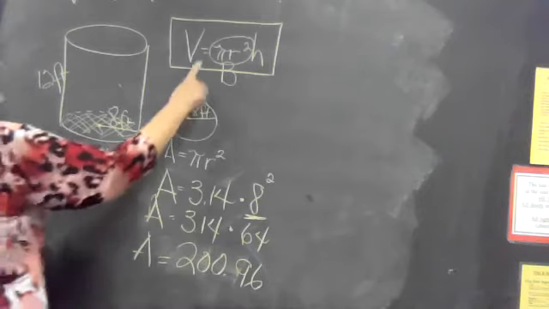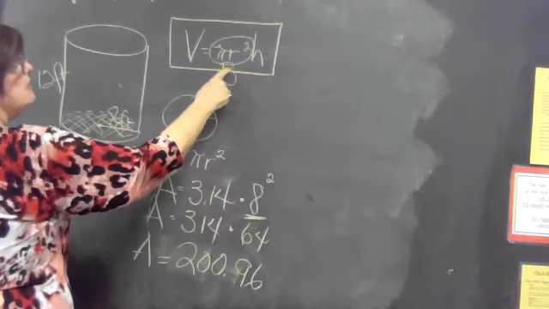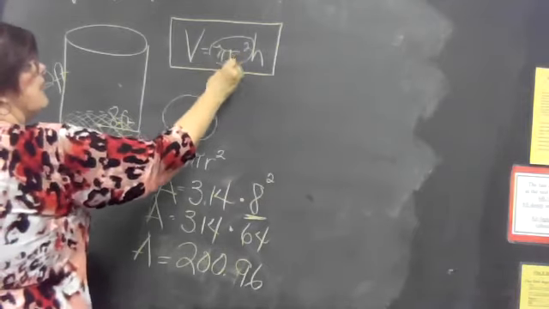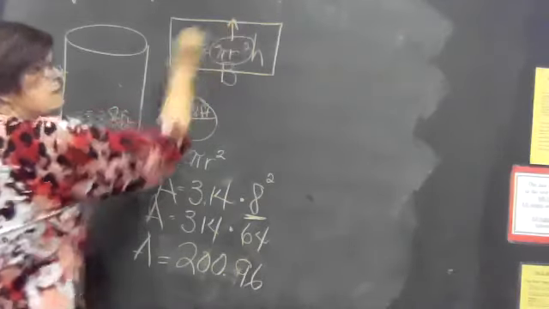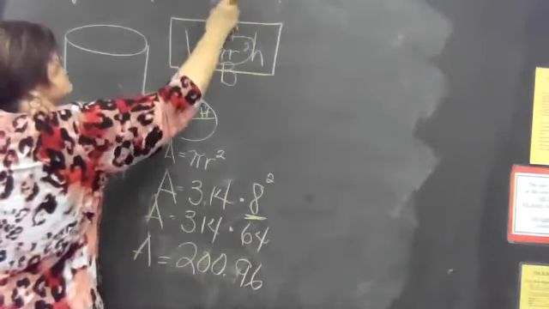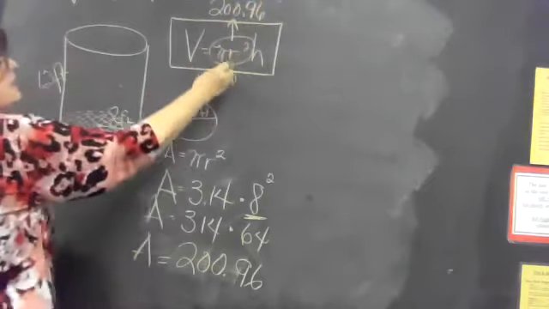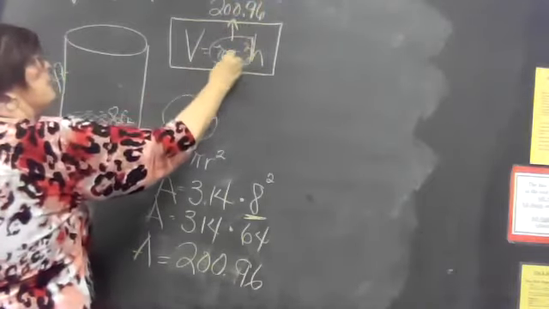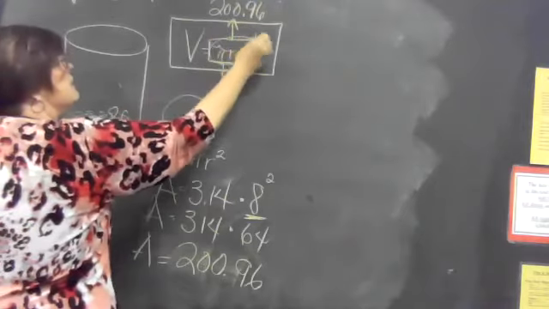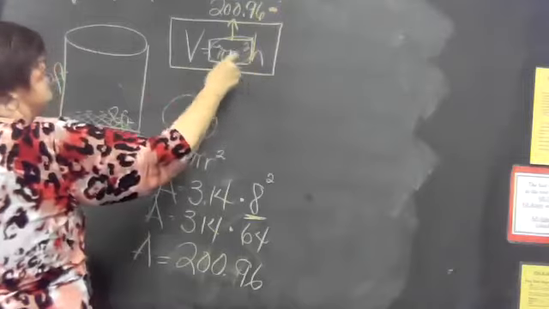So when we took the pi r squared that's given in your formula, that is the area of the base. So now this is 200.96. Now they said take it times the height of the cylinder.